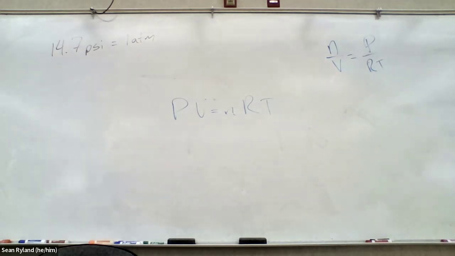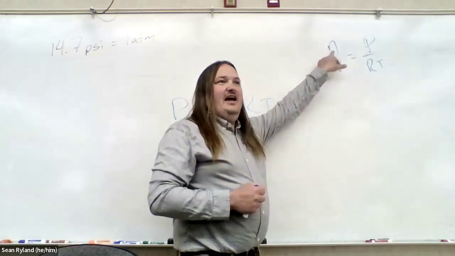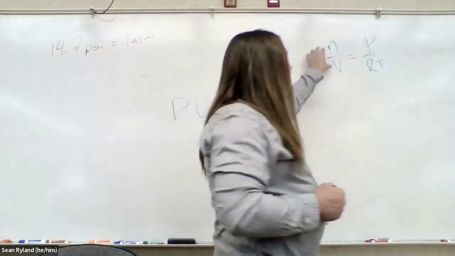So if we pick a standard temperature and pressure, we just are going to call like the general common conditions worldwide. We can actually figure out what this ratio is at standard temperature and pressure.